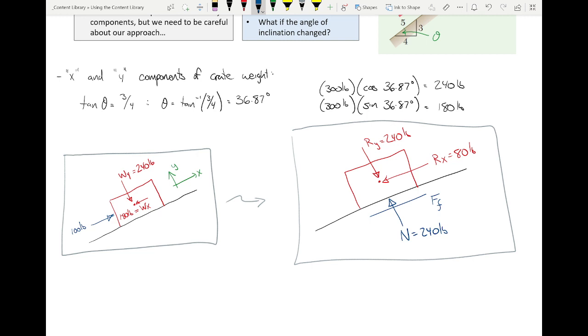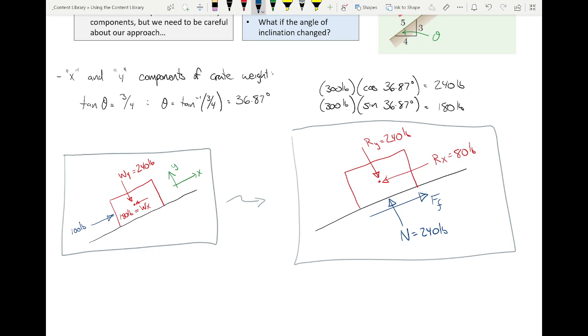If I push this table that way, friction's acting this way. That's physics. This crate is tending to want to slide down the ramp. The friction is going to act to resist that. Does that make sense?